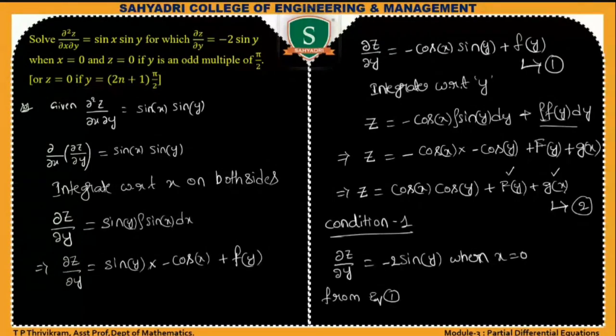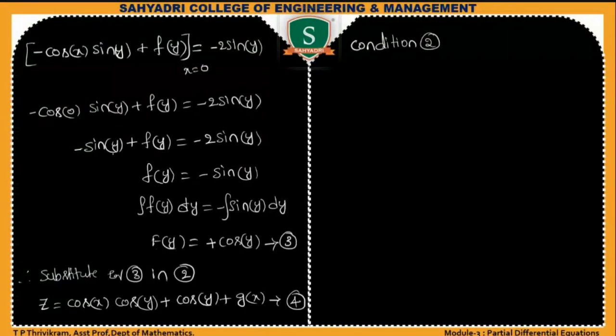So from z equal to 0, y is equal to (2n plus 1) into pi by 2. Okay, so let us see how to do this.